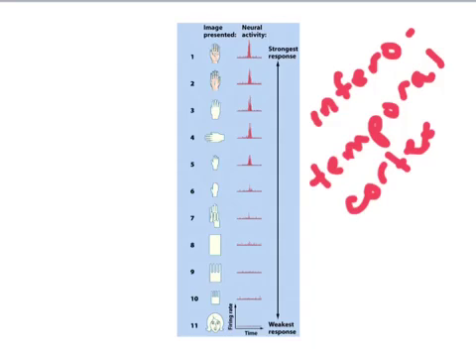Anyway, these recordings show that that neuron seemed to specifically respond to hands, because as you continue down to, let's say, a mittened hand that was less like a hand but still a little bit like a hand, you would get a smaller response, the largest response being the full hand.